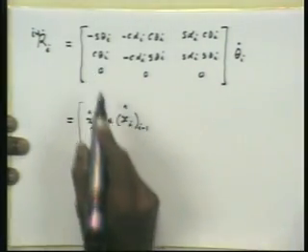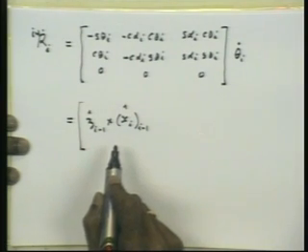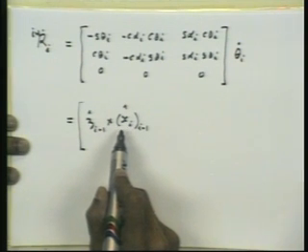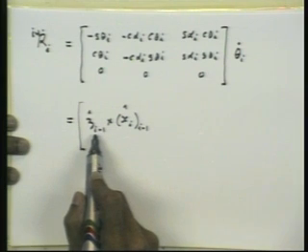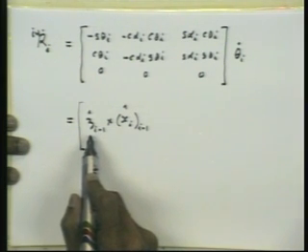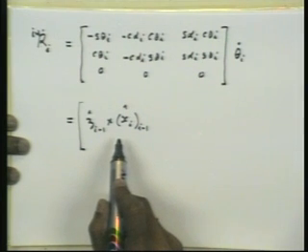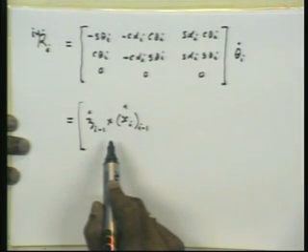That is, the first column is the cross product of the unit vector along the xi axis and the unit vector along the zi minus 1 axis, both expressed in the i minus 1th reference frame. The first column turns out to be that.